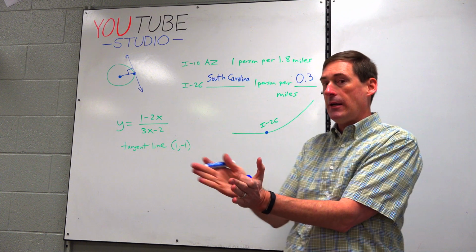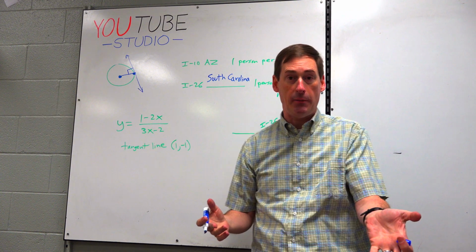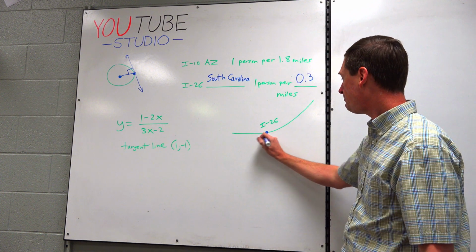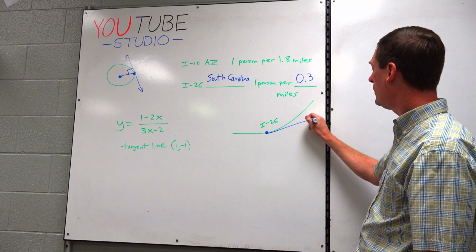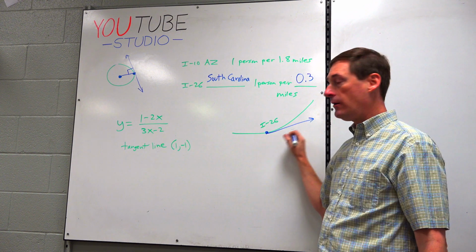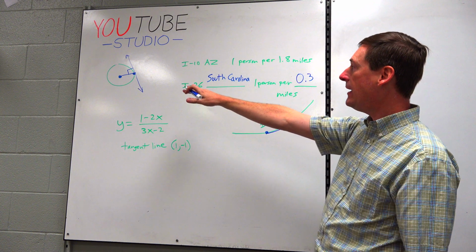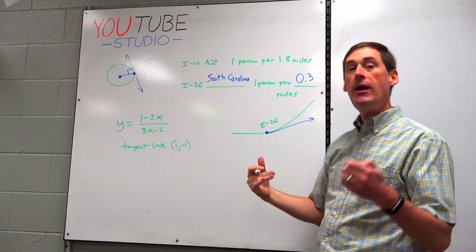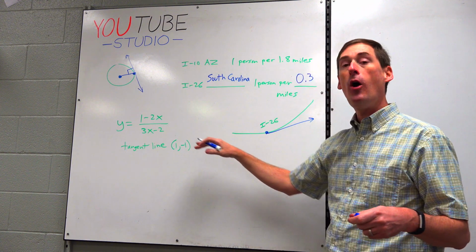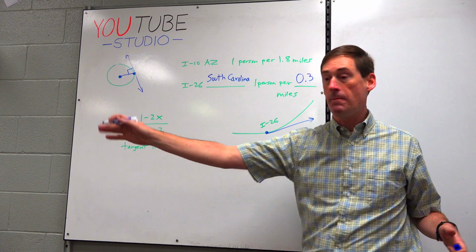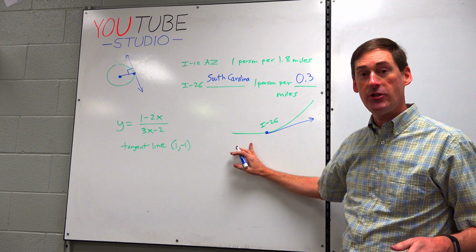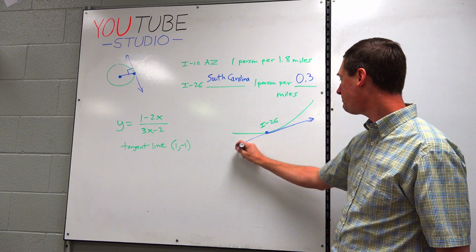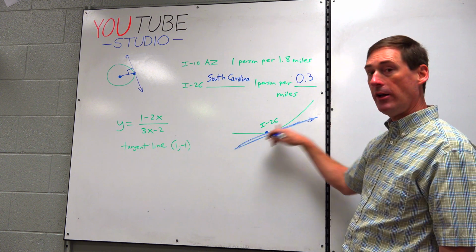So you travel on a tangent line, also true with hydroplaning, by the way. And when you take off the road, each point on a curve has a tangent line.